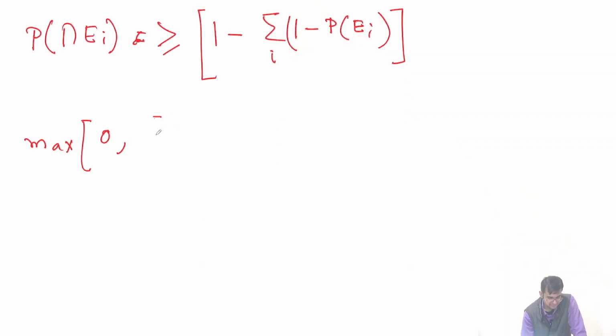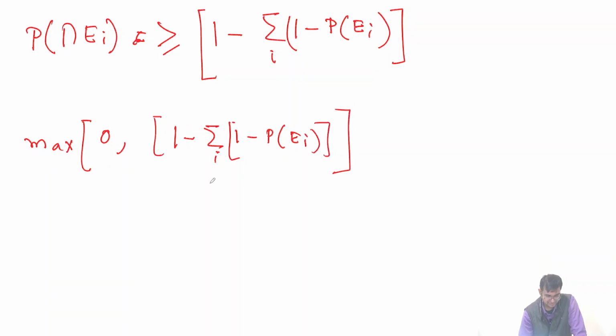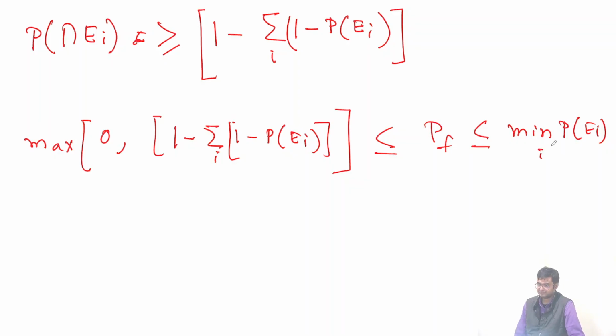So in this case, you will end up with the maximum of 0 and 1 minus summation over i of P(E_i), less than or equal to P(F), less than or equal to the minimum of P(E_i), right?